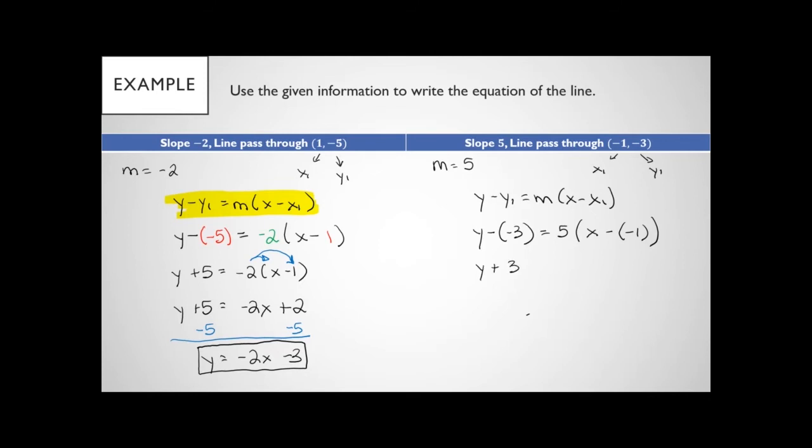So it's going to be y plus 3 equals 5 times x plus 1. And now I'm going to distribute the 5 through the parentheses here. So I have y plus 3 equals 5x plus 5.